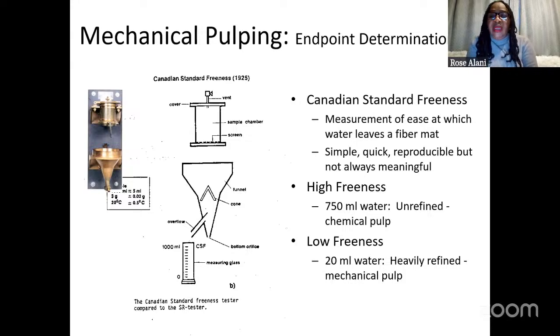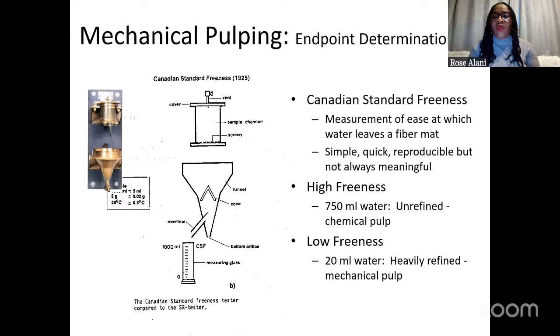Then low freeness, you have like 50 mils or 20 mils of water running out. It takes time for it to come out, and then just a little water comes out. It's low freeness, and it shows that the pulping is properly done. When it is not yet properly done, the freeness is high.